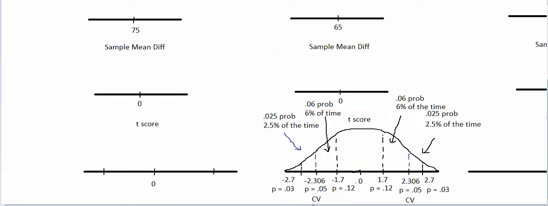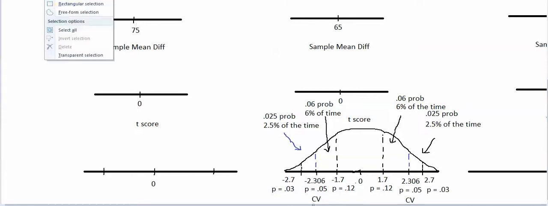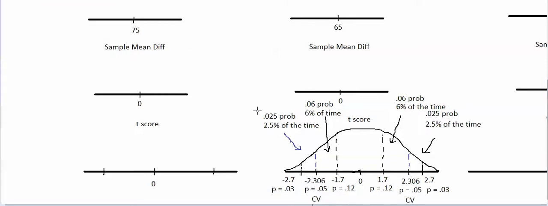And there's actually one other thing I want you to add in here that I didn't put yet. See where I said 0.025 probability and 2.5% of the time? I need you to add in something here that says when H0 is true.